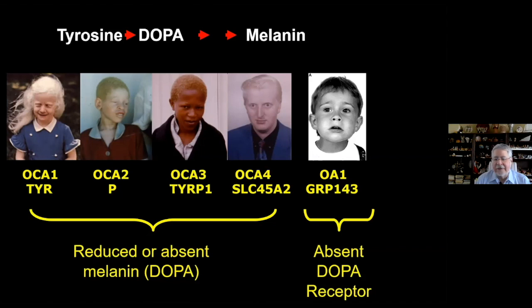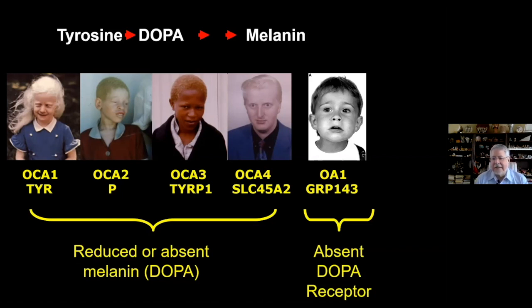It gets converted early on into a chemical called DOPA, also known as L-DOPA. And that DOPA ultimately makes melanin. There's kind of a pause in making melanin from tyrosine to DOPA. And we think that DOPA is very, very important in a number of things, independent really of pigment.